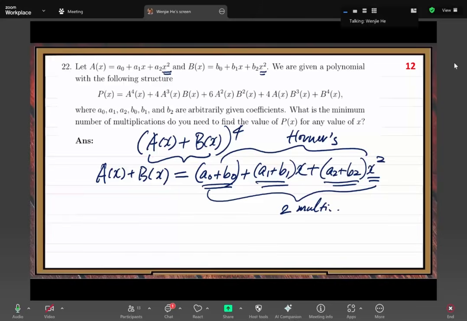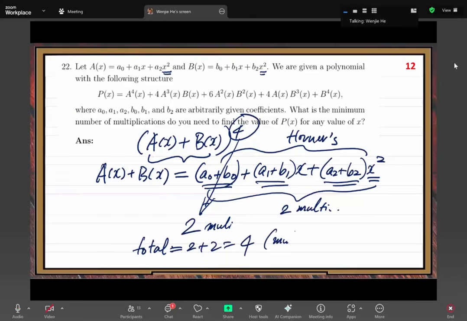Okay, 2 multiplications. All right, so that's inside the parenthesis. Outside the parenthesis, to the 4th, then that's 2, because we do another round of repeated squaring, 2 multiplications. So the total, 2 plus 2 equals 4 multiplications.